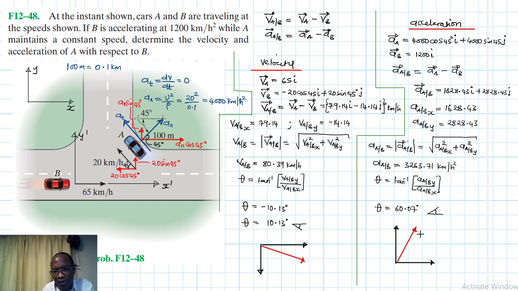This one is our A stroke B, this one is A stroke B X, and this one is A stroke B Y. And then we have the angle here as our theta.